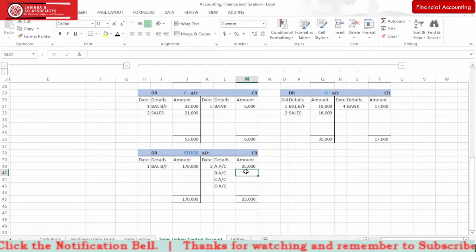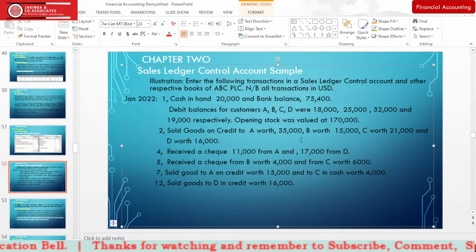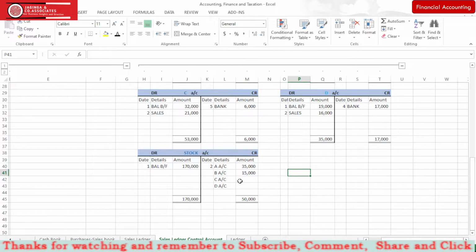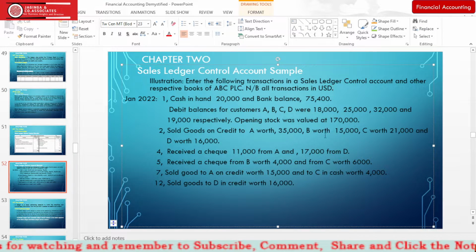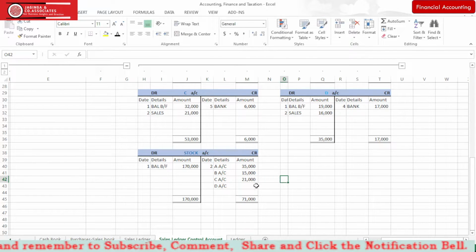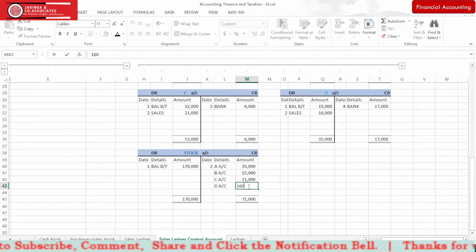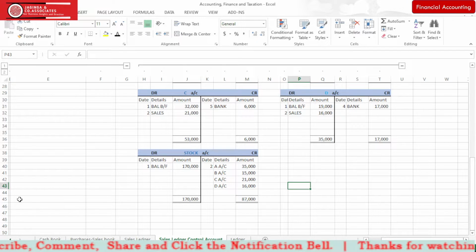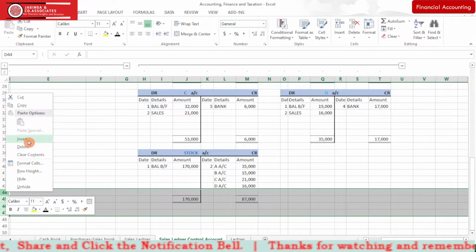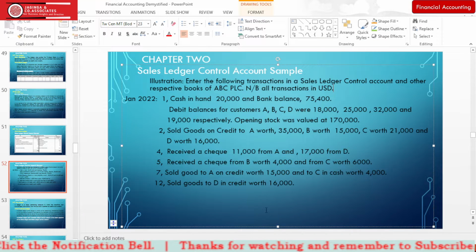B we had 15,000, C we had 21,000, and D we had 16,000. Let me add some rows. Insert. So these are sales on second.